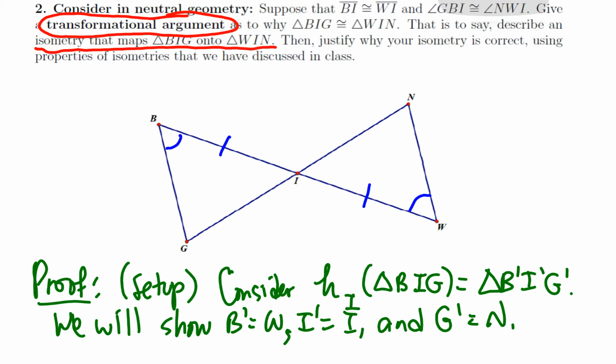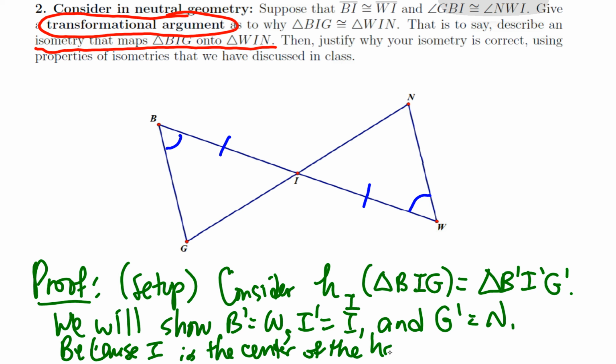For example, the I prime equals I argument is pretty straightforward, because I is the center of the half turn. I prime is I. We're a third of the way there.